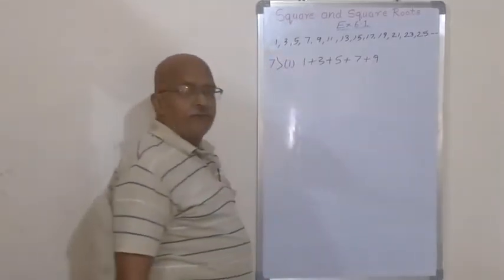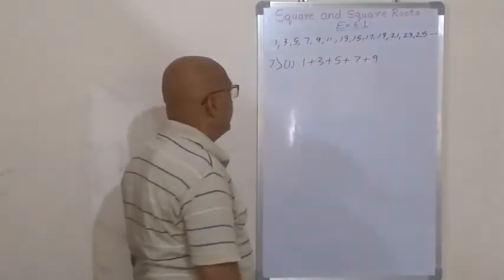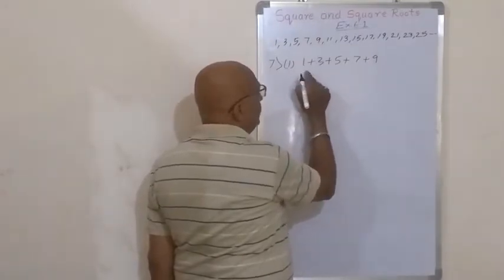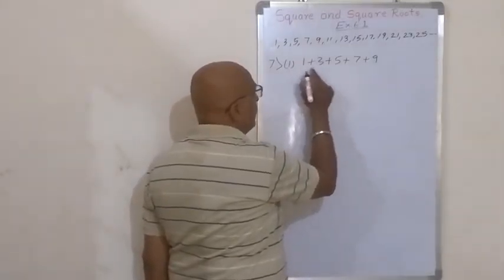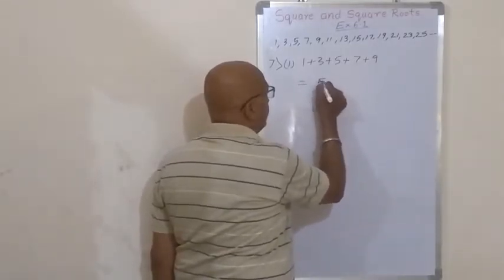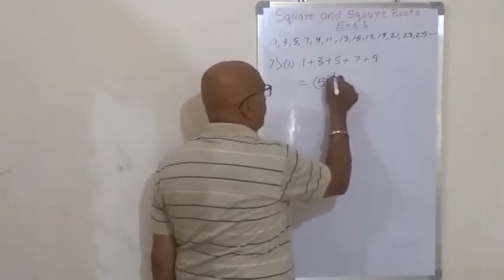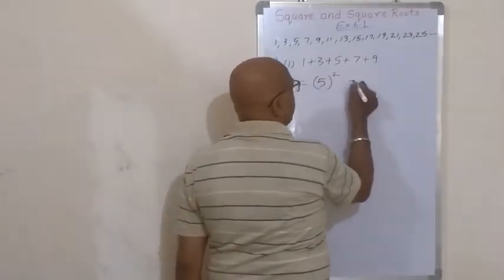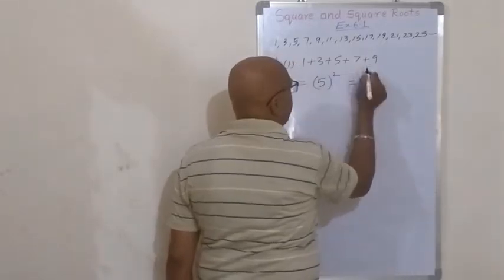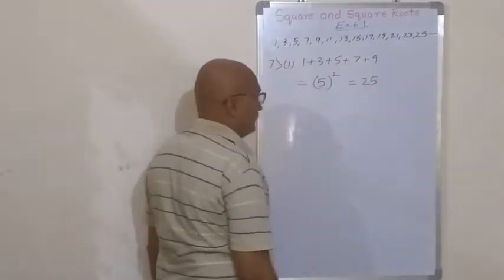Without adding we have to find the sum. Now see what we have to do here. How many numbers are there? 1, 2, 3, 4 and 5. We'll write 5 and take the square of that 5. You will get 25. So the sum of this is 25.